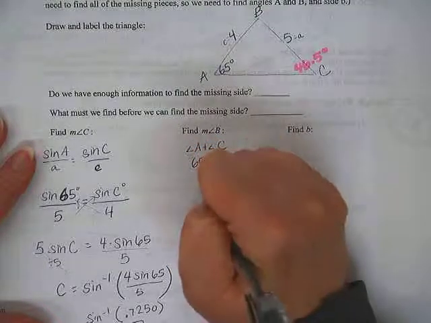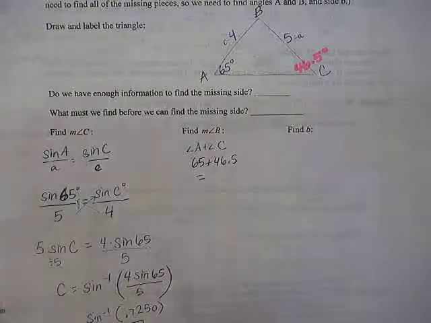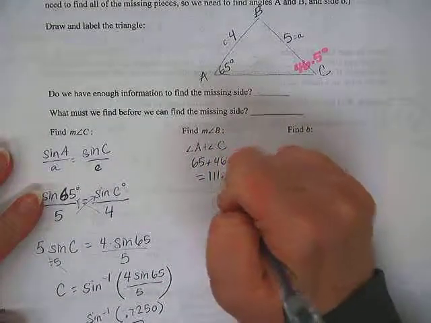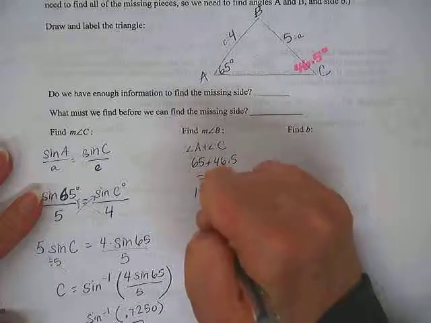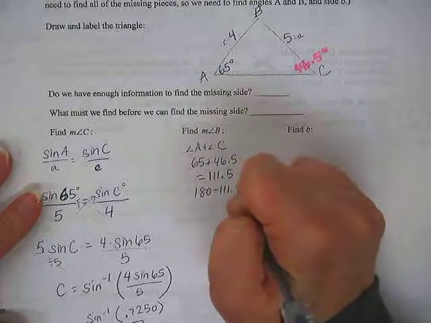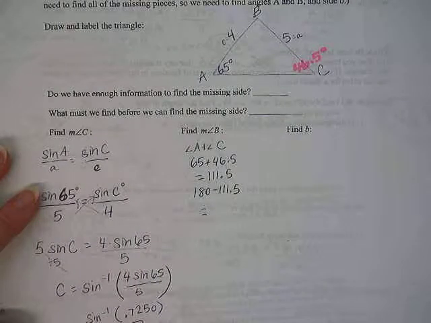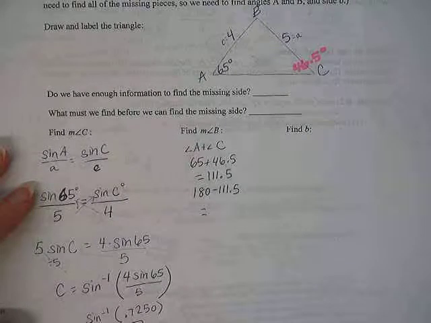Okay, so angle B is found by taking angle A plus angle C. So 65 plus 46.5, what does that add up to? What is it, 111.5? Okay, then we're going to take 180 and subtract 111.5. Oh, wait, just kidding. I mean the answer was 111.5. Sorry, that's my bad.